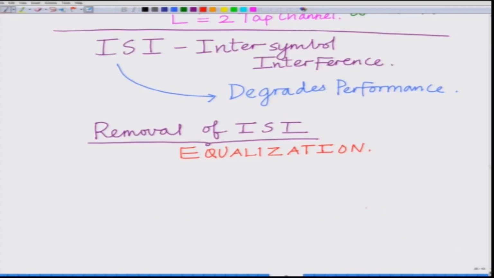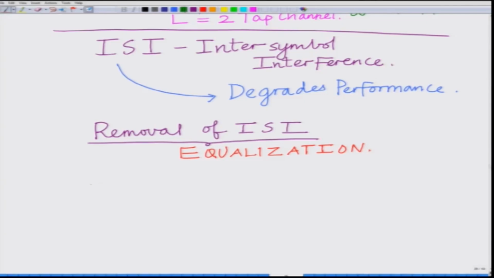And we said for removal of the inter-symbol interference, we are going to use 3 received symbols, that is, we are going to employ a 3 tap equalizer. So, an equalizer is employed for equalization, okay.